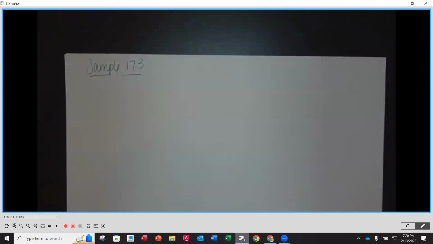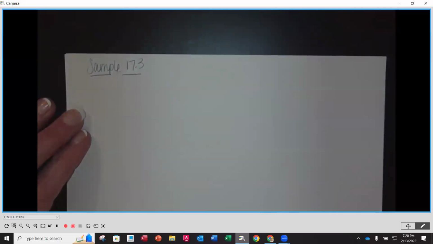So I'm going to go back underneath my camera here, and we are going to get started on our problem. Okay, so this is sample 17.3. What I want to do is first start out with some of the basic information that we need to keep in mind here.